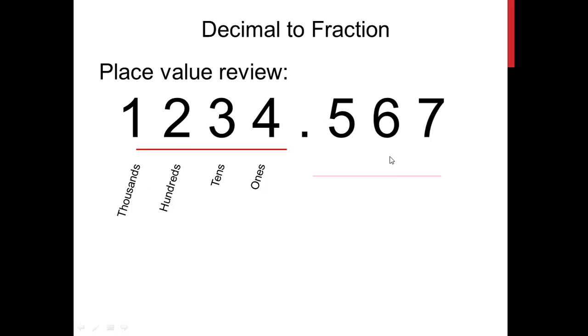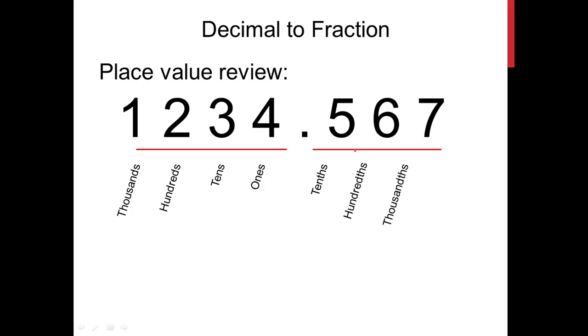Now, how about the number after the decimal point? The first number after the decimal point will start on the tenths place, followed by the hundredths place and thousandths place, and so on.